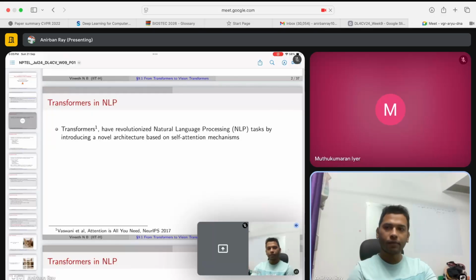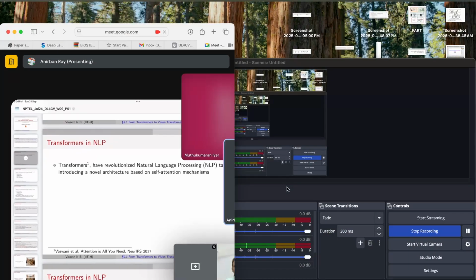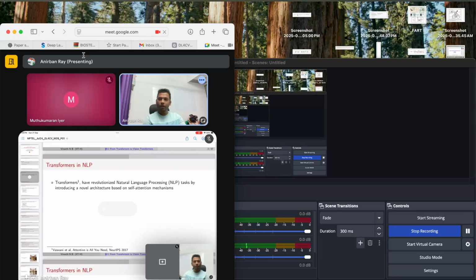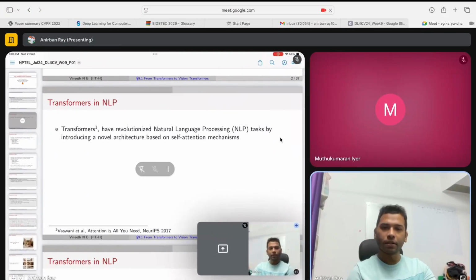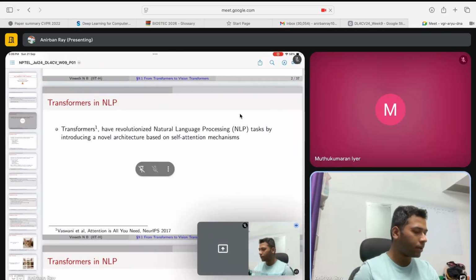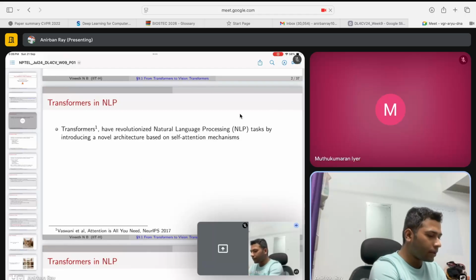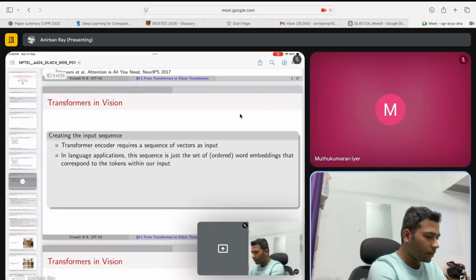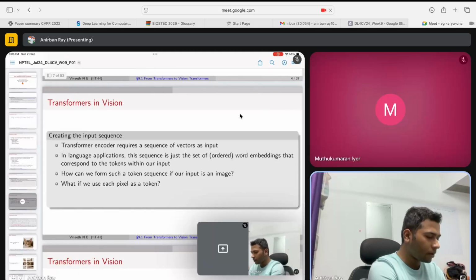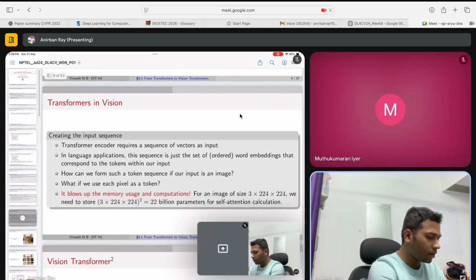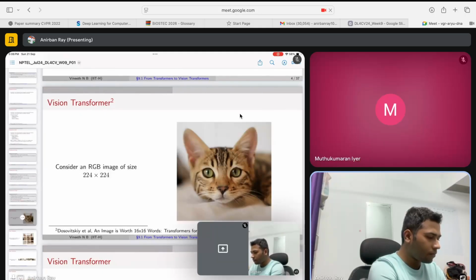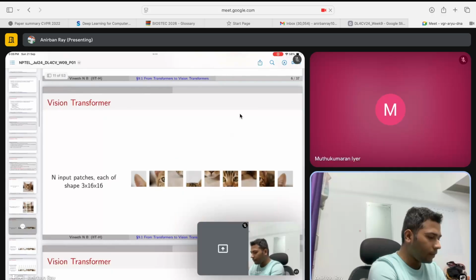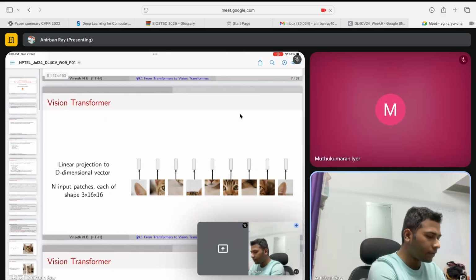We have seen transformers in NLP, or maybe we have not. I don't think I have covered it in the previous lecture. I just touched upon it. So we are moving to vision transformer.